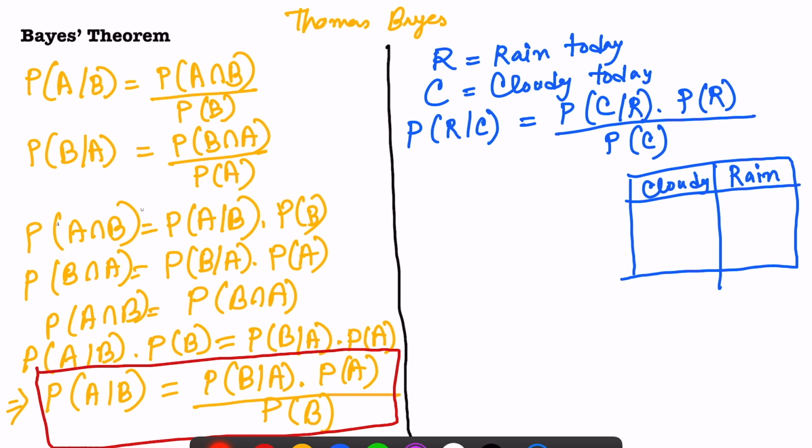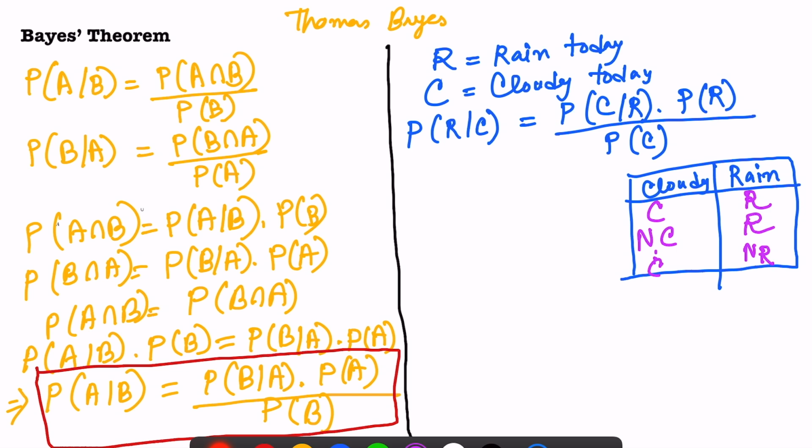For a few days, if it was cloudy, then let's say it rained. If it was not cloudy, then also some day it rained, right? It can happen that it was a very clear day, but still it suddenly started raining. That is also possible. For the last month, or last few months or years, we have collected this data, right? Let's say it was cloudy some day but it didn't rain.